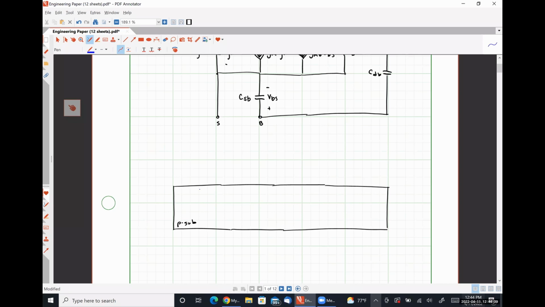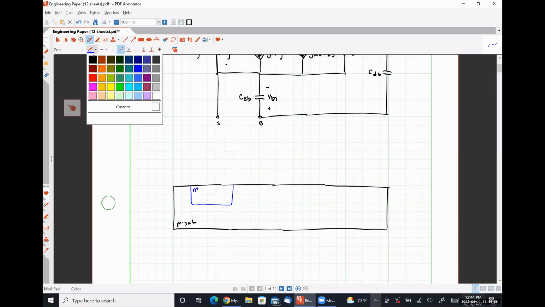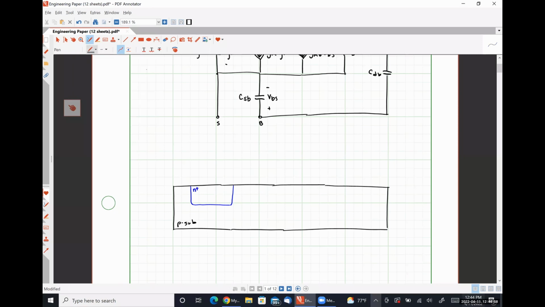We are going to have a source region over here on the left. So this is an N+ region. And there will be a metal connection leading up to our source terminal.